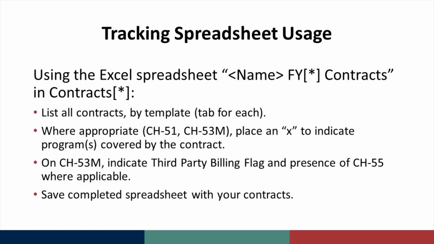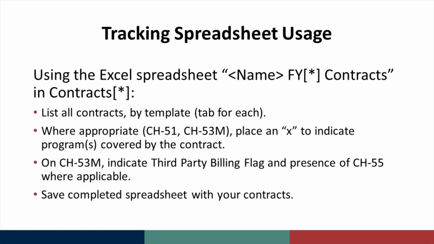Tracking spreadsheet usage. Using the Excel spreadsheet, your health department name, FY pertinent fiscal year, contracts, in the contracts folder for the pertinent year for your health department on the L drive. You should list all contracts by template.